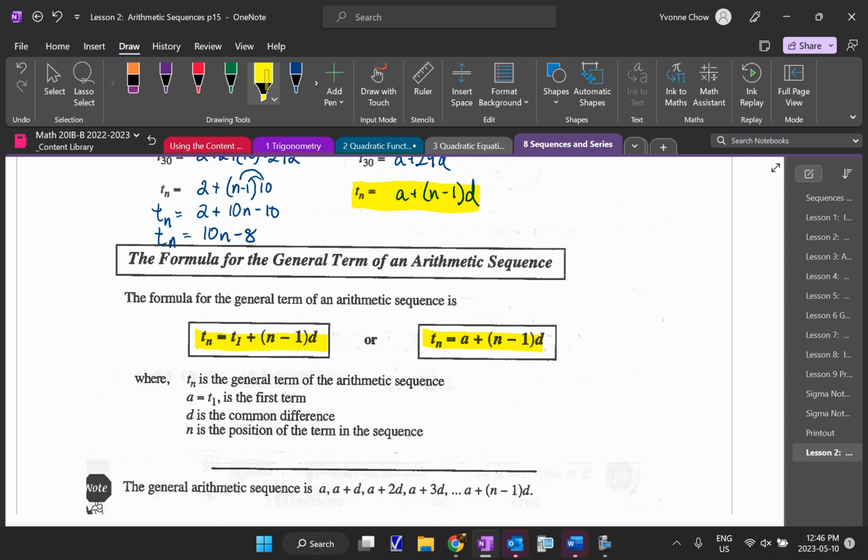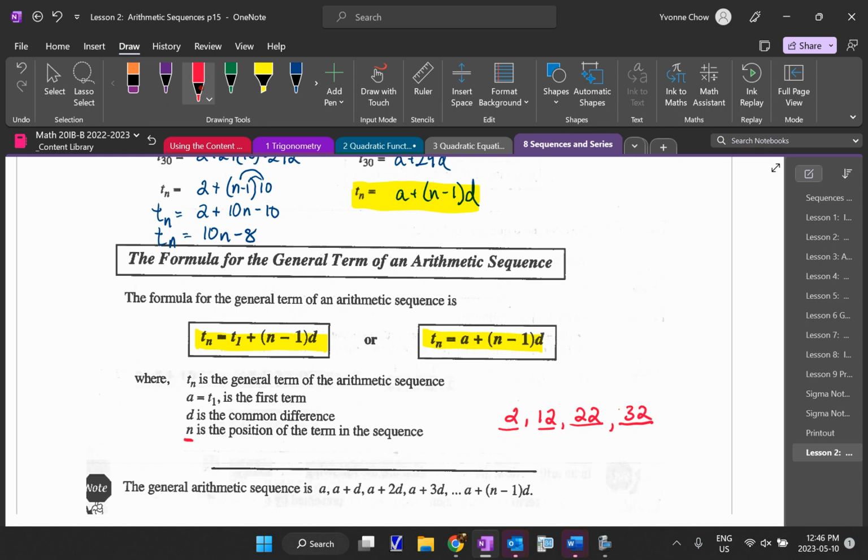And so we know the variables a and d, the two new ones introduced here, and n being the position of the term in the sequence. So if you think about a number of numbers standing in line or filling in the blanks, which blank does it hold?